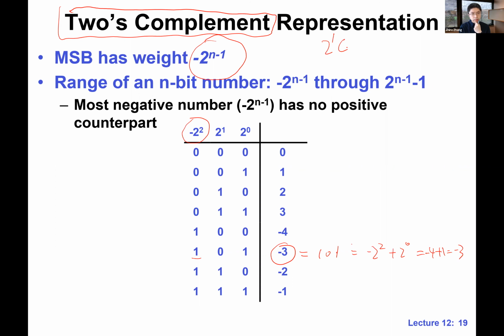All right. If this is clear enough to you guys, maybe I can ask you a question. Let's do 4-bit, since I'm showing you 3 bits. For a 4-bit 2's complement number, what is the most negative number and what is the most positive number?